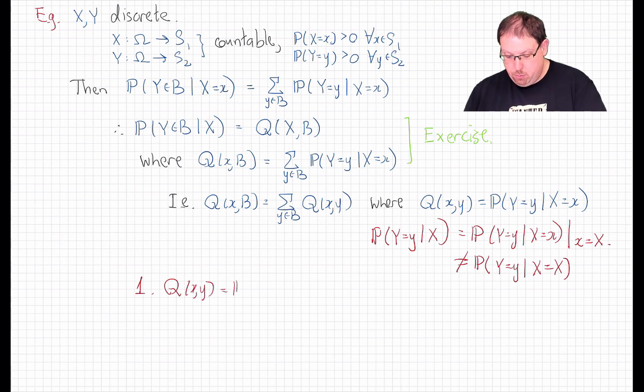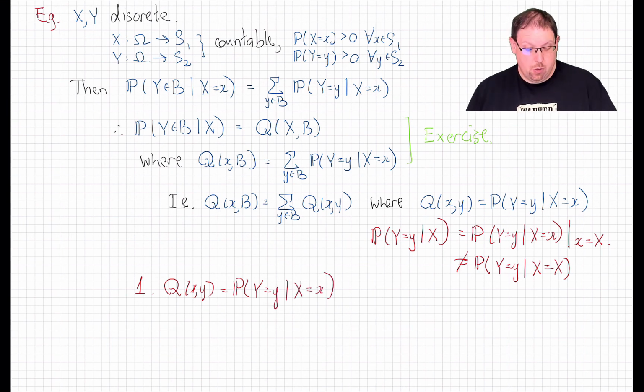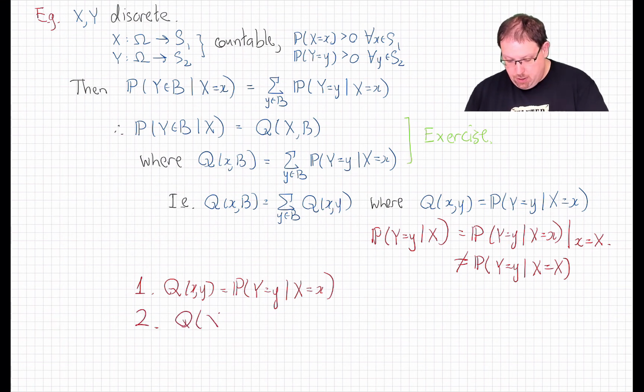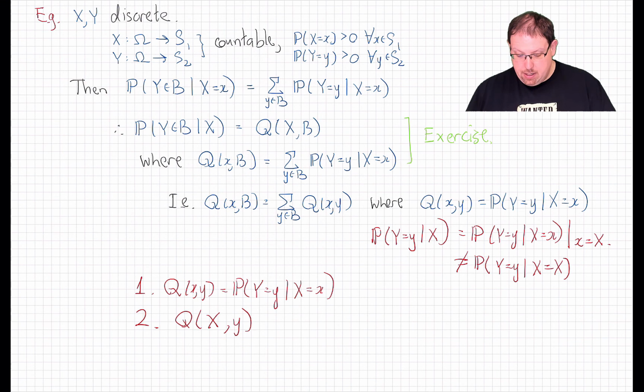What we're saying here is that first you compute this function q of two variables, little x and little y, which is just the probability that Y equals little y given that X equals little x. Once you've computed that function, you then substitute in the random variable X for the first variable little x. This is a random function of y.